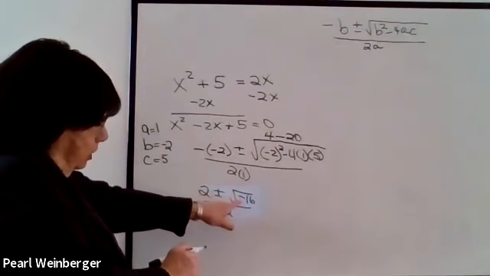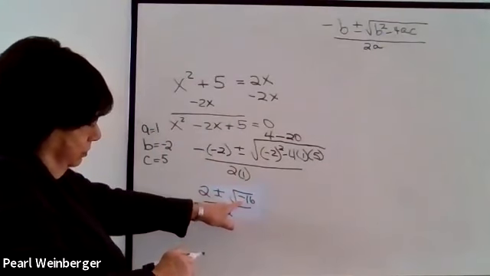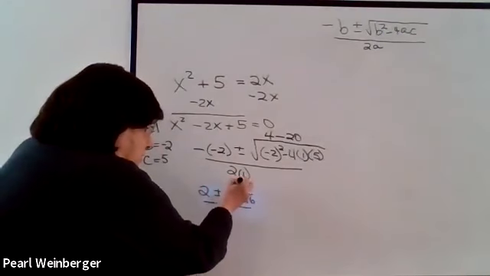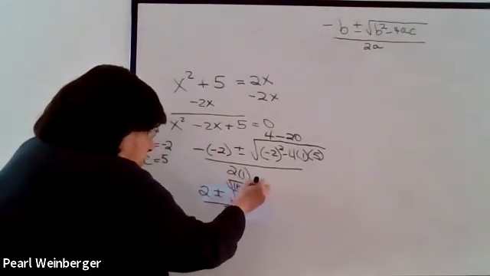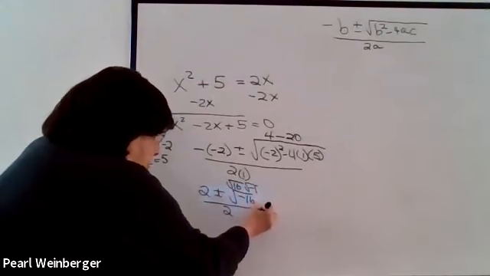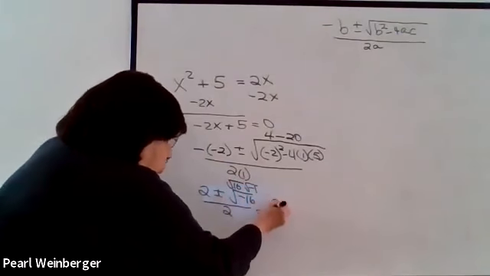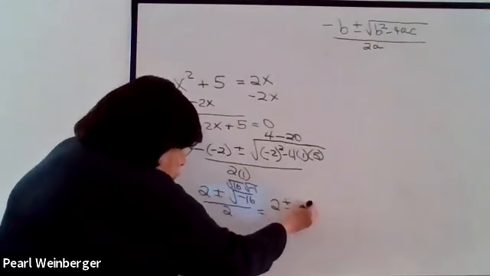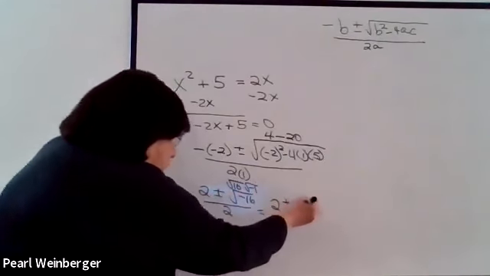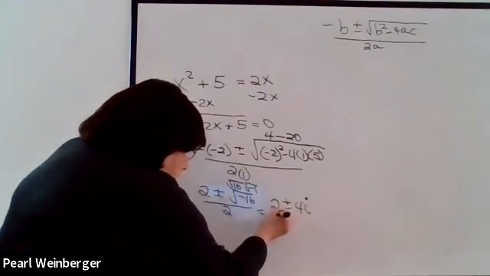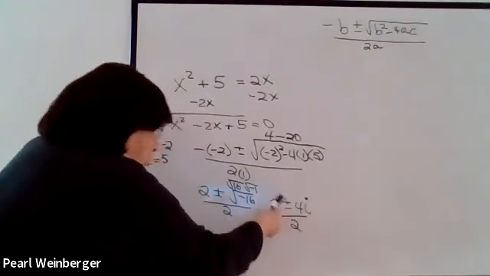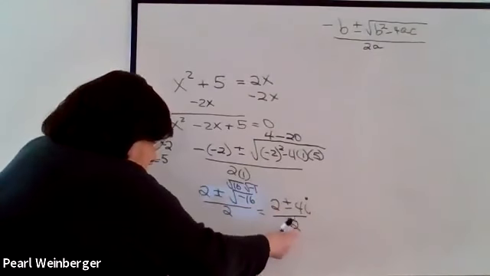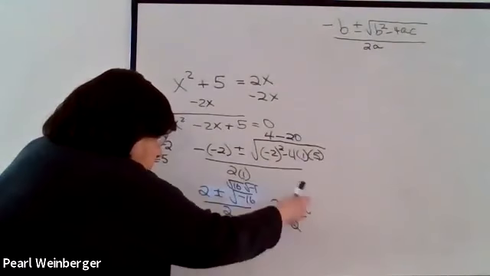The next thing I look at is this radical, the square root of -16, which can be broken down into 16 and -1, so that it becomes 2 plus or minus, the square root of 16 is 4, the square root of -1 is i, divided by 2. And notice I have my 3 terms, the 2 terms on the top and the one on the bottom, and they are all divisible by 2.